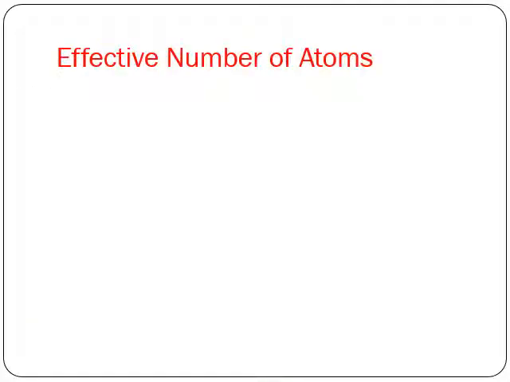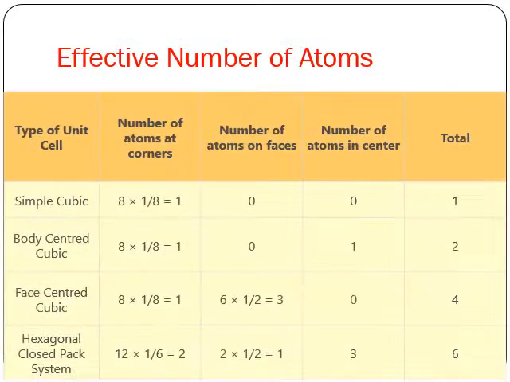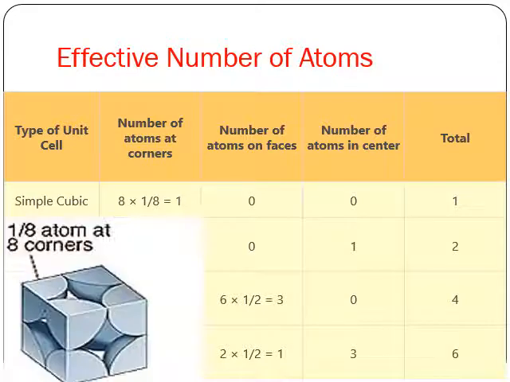So next, one more important concept in this session, before moving on to the atomic packing factor, is the effective number of atoms. Whenever we take a simple cube, there are 8 atoms, one at each corner, 1, 2, 3, 4, and 1, 2, 3, 4.